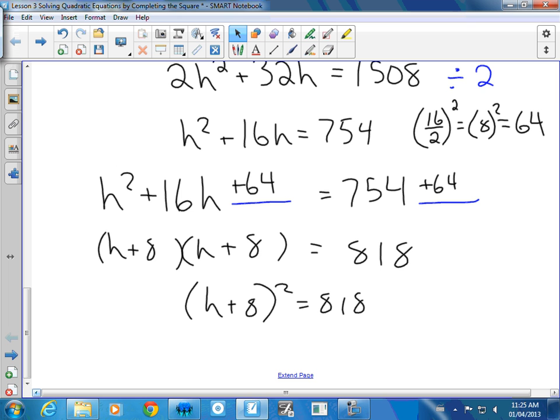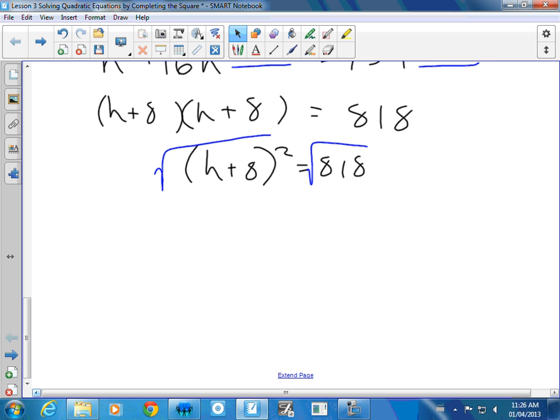We have a square. How do we get rid of the square? Take the square root of both sides. Is that correct? Okay. Now watch. What's the square root of h plus 8 squared? H plus 8. That's all it is, h plus 8. Equals. Now careful.